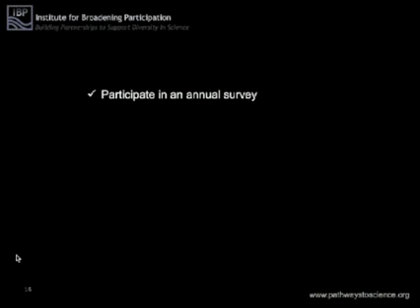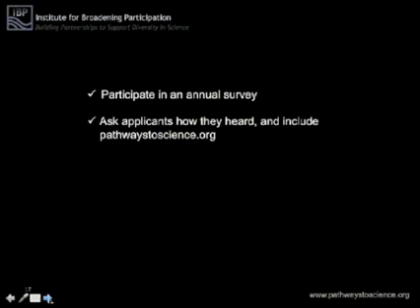So one way you can help is by participating in an annual survey, which asks you to share statistics about your applicants and participants and about your experiences with IBP resources. Another way is by asking your applicants, if you don't already, how they heard about your program, and even better still, by listing IBP's website, pathwaystoscience.org, as a selectable choice in the application.